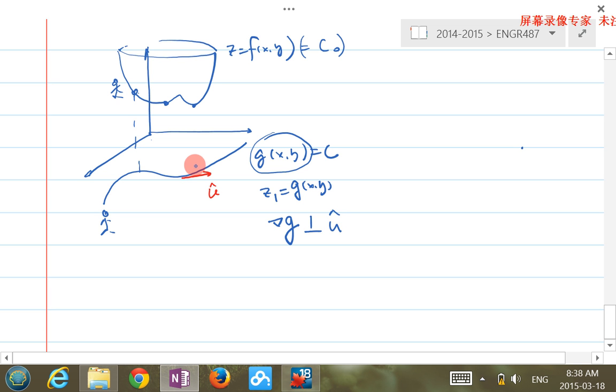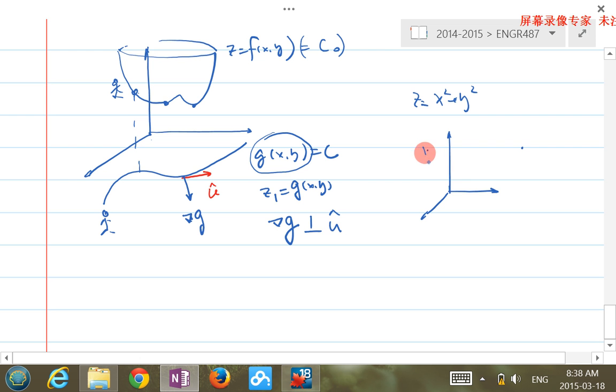So the gradient vector del g is probably pointing this way or the other way. It depends on the function, but it's pointing in the direction of greatest increase. If you remember, let's say you have a function x squared plus y squared. What does that function look like?